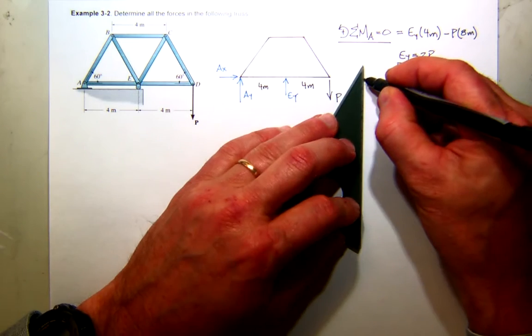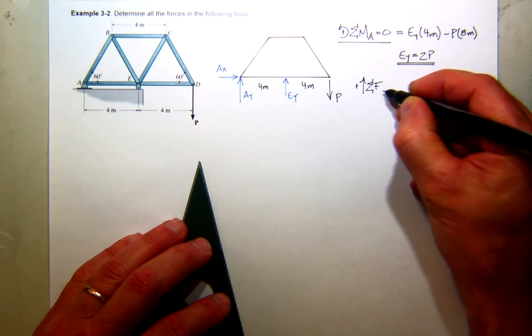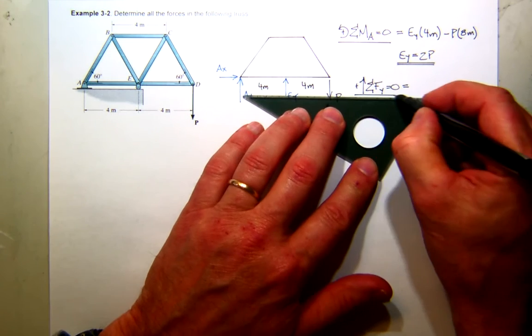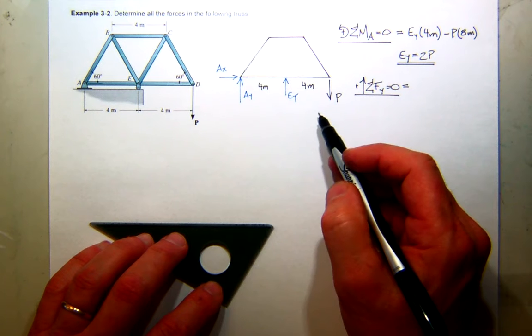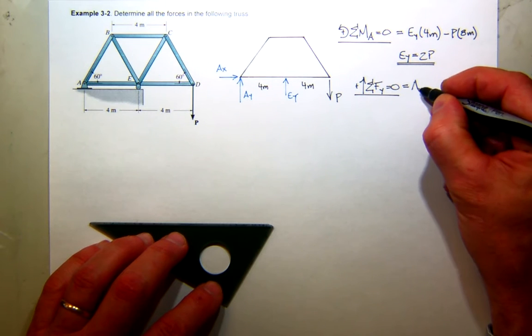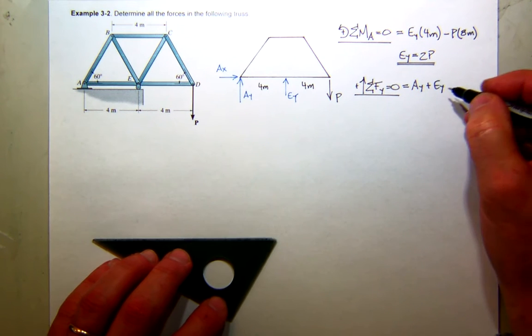All right, now I can find my other reaction. I will sum forces in the Y direction. So there's my equilibrium statement. So in the Y direction I have what? I have AY and EY. They're both up. So for me that's positive. AY plus EY. What else is vertical?